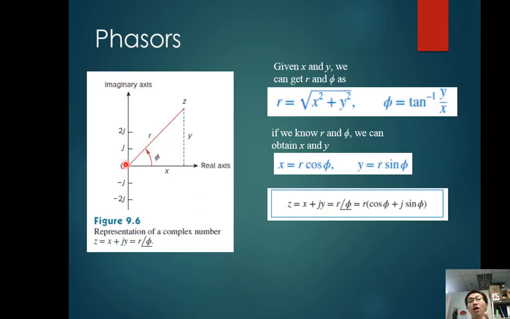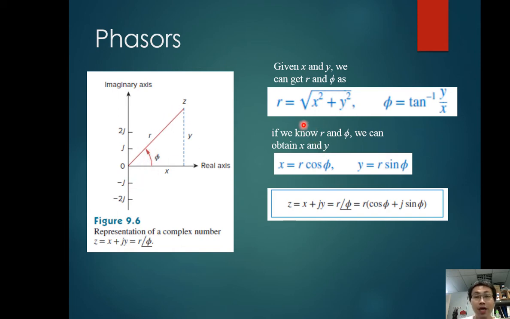So we also can put it in a drawing. For example, we have a real axis, we have an imaginary axis. I have my x, I have my y, then I get my z. So I can have my r, I can have my phi. So I can write it like this: z equals x plus jy, or z equals r angle phi.